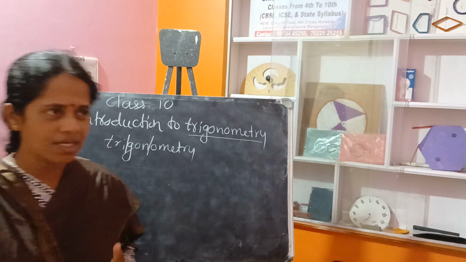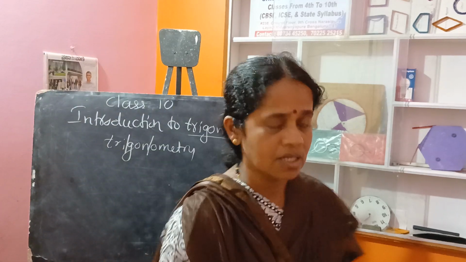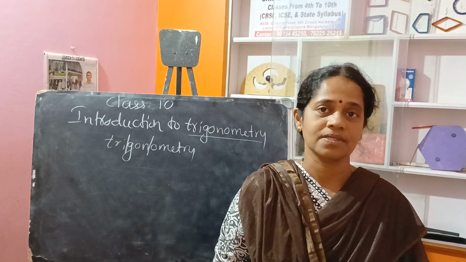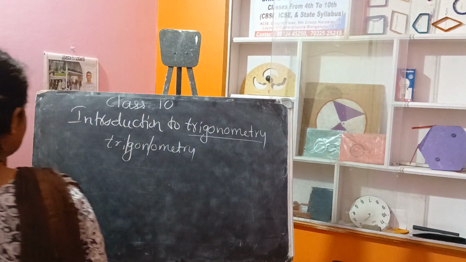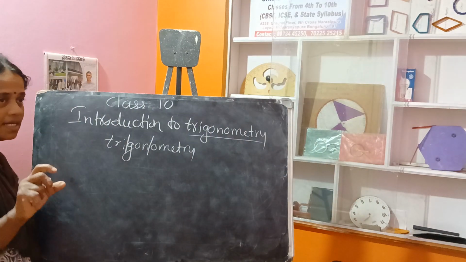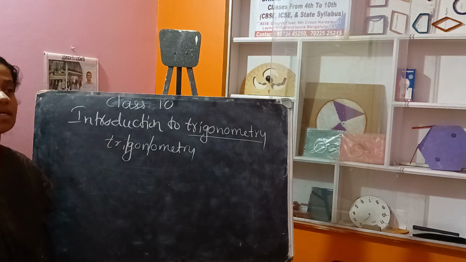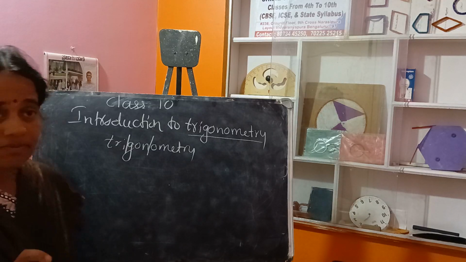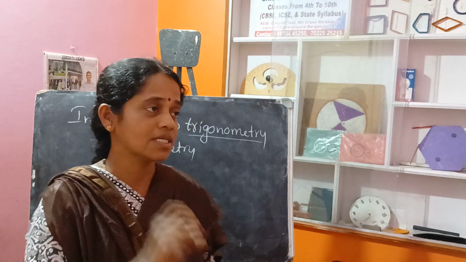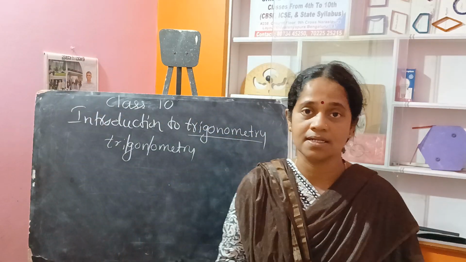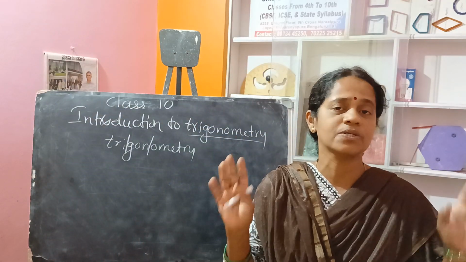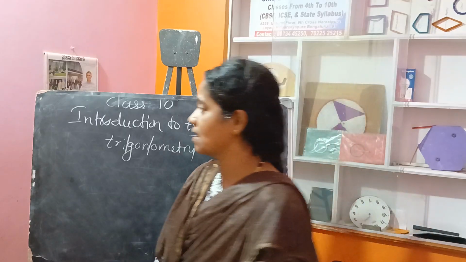Okay, we are going to measure the triangle. Of which kind? Yes. In this lesson we are going to measure the sides of a right angle triangle. I mean the ratio between the two sides of the right angle triangle. And this lesson is very particular to right angle triangle.